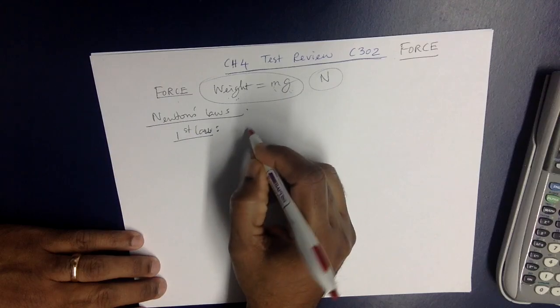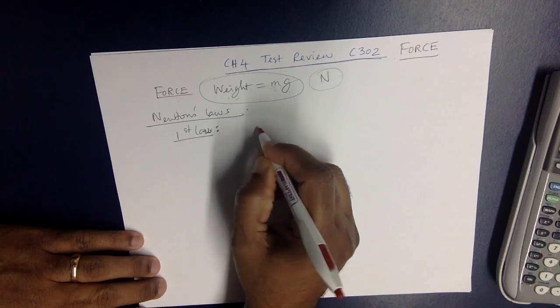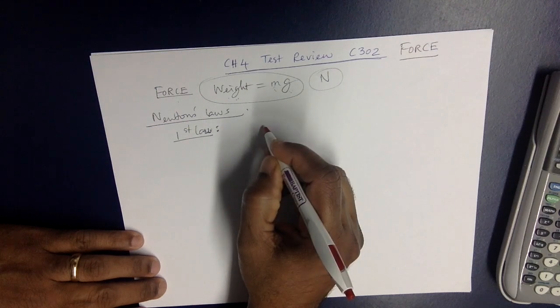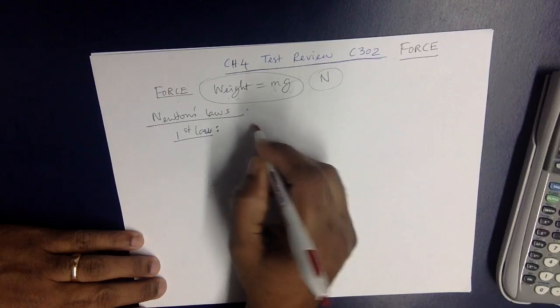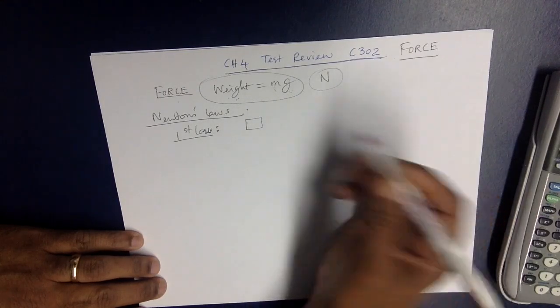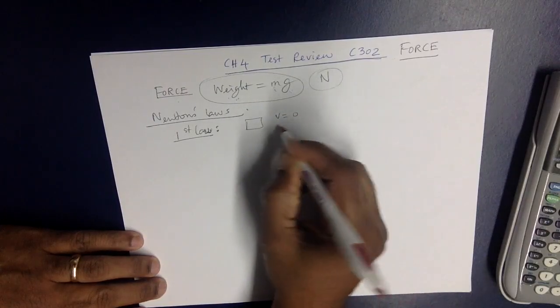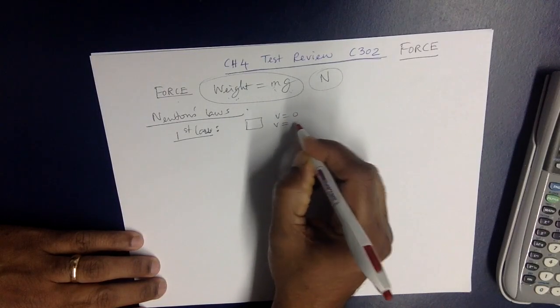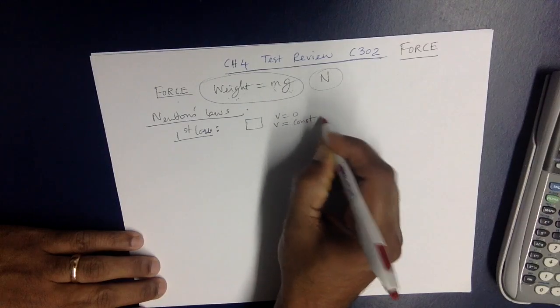Now when you say the object is going to stay in the same state, the object can either be at rest or moving with a constant velocity. So this object can be at rest or some constant velocity. V can be zero or V can be constant, right?